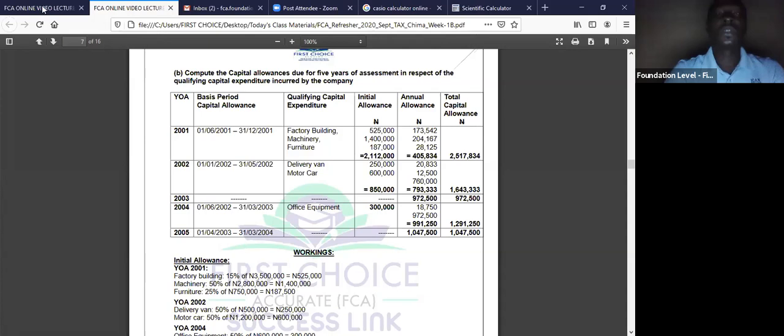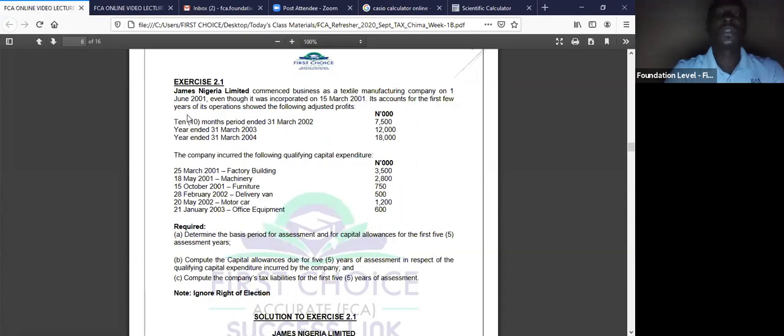So what we are doing is we have a table of 50%, 50%. So let's see. For factory building, we said it's 15%. Let's see. Factory buildings, industrial buildings, 15%. So 15% of the cost. It cost us 3.5 million.